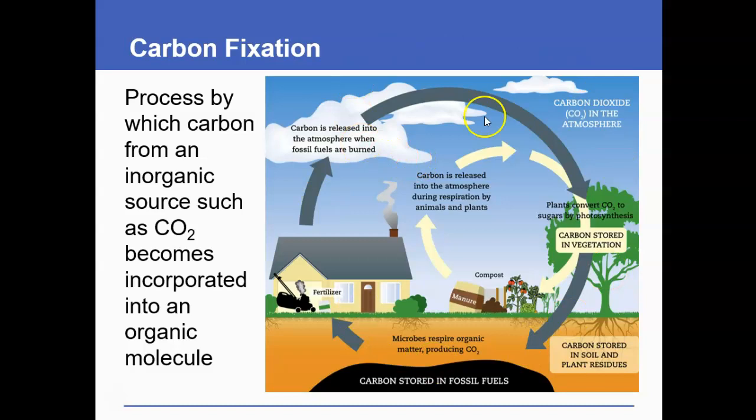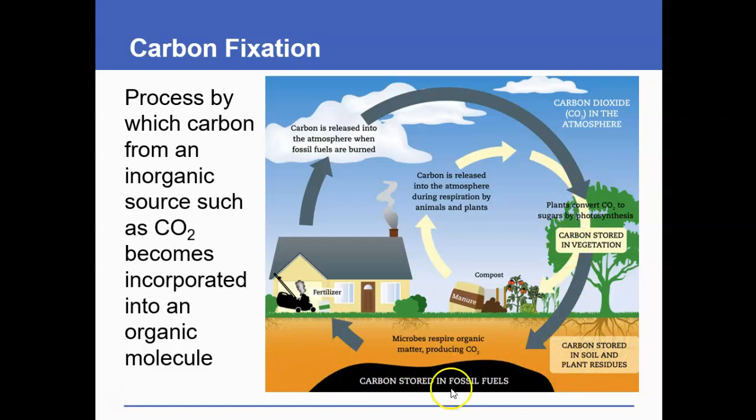So now onto this picture of thinking about the carbon cycle and what is carbon fixation. We can think about how we can break those carbon-carbon bonds when we're releasing carbon dioxide into the atmosphere. That carbon dioxide gets converted into sugars by plants in photosynthesis. Then we can just think about what happens to those plants. Well, some of those plants get eaten, some of those plants die, and that carbon dioxide that had been converted into the sugar, or been fixed from atmospheric carbon into that organic molecule, well, those organic molecules then get stored.